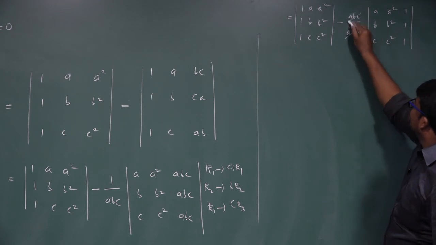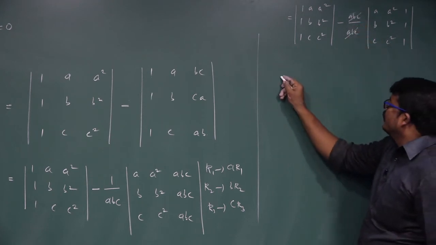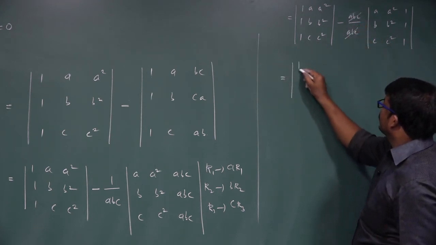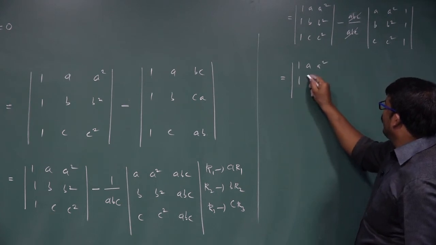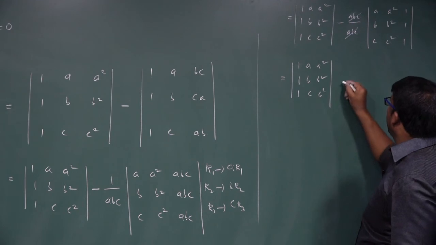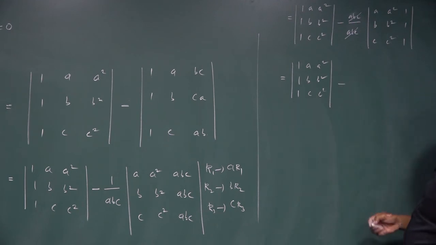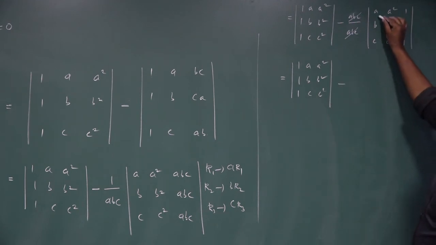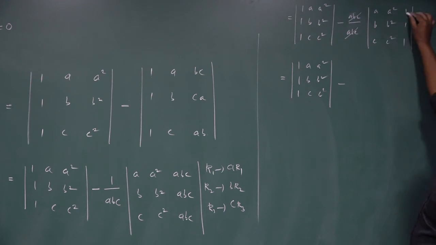This ABC gets cancelled. So we have the determinant 1, A square, 1, B square, 1, C square minus the determinant A, B, C, A square, B square, C square, 1, 1, 1.